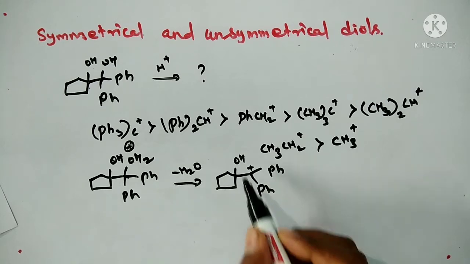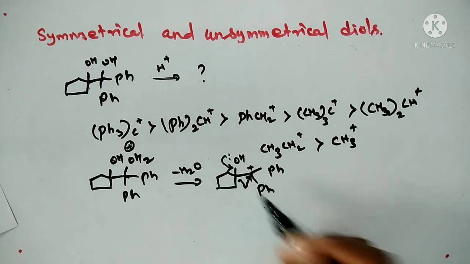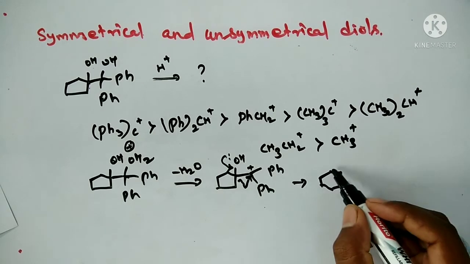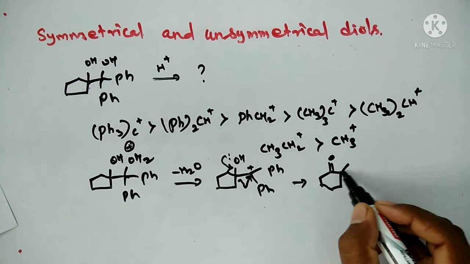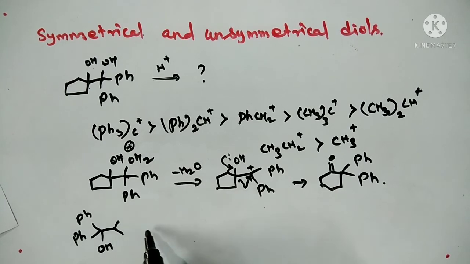Next step, the hydroxyl group gives its lone pair of electrons and the bond shifts here. So you get a 6-membered ring, with ketone and diphenyl. In the same way, if you take this one, with phenyl and phenyl, in the presence of acid, here the diphenylmethyl carbocation is more stable than the tertiary methyl carbocation.